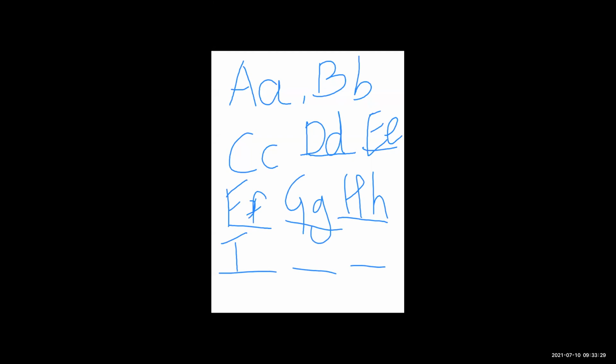Capital I, small i. Capital K, small k. Capital L, small l. This way we have to complete the pattern as it comes over and over again. I hope everyone understands these patterns.